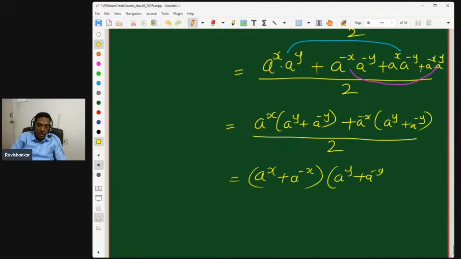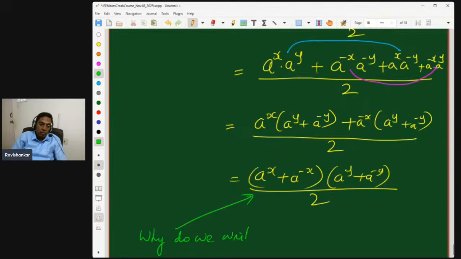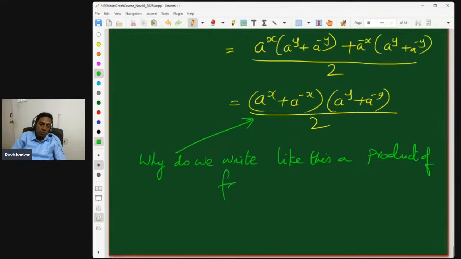Now, why do I write it like this? Why do we write like this as a product of factors? Why are we obsessed with that?